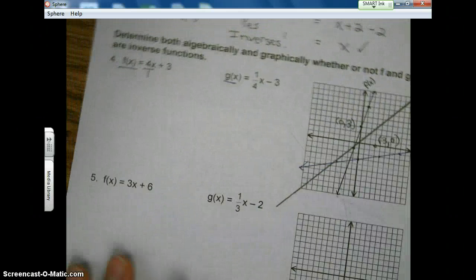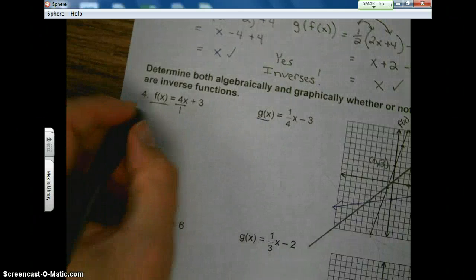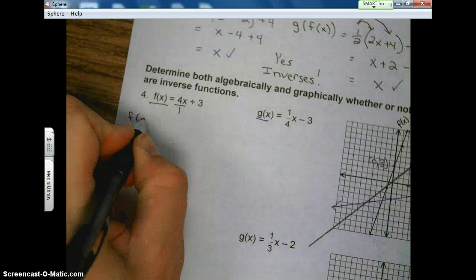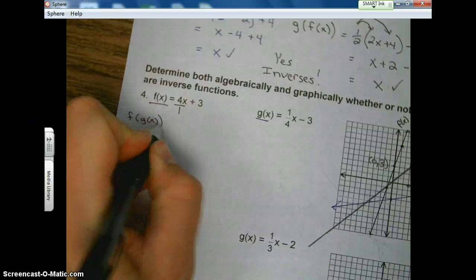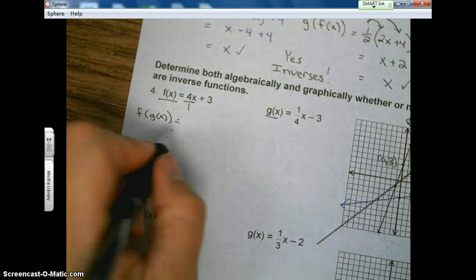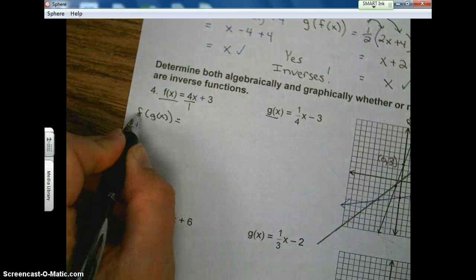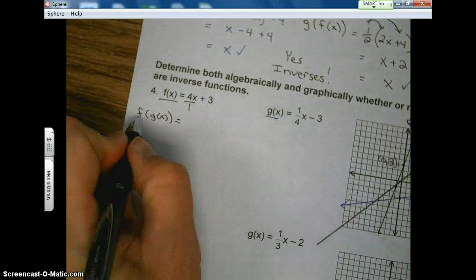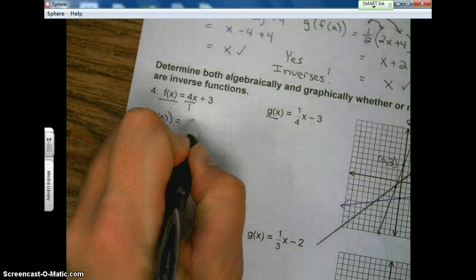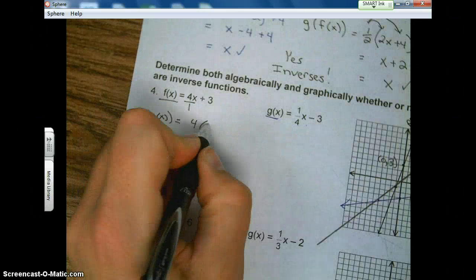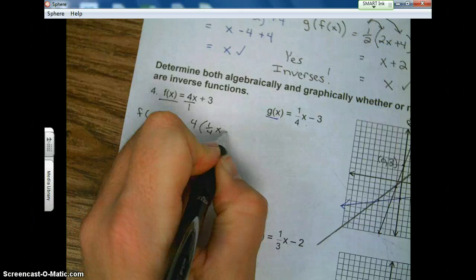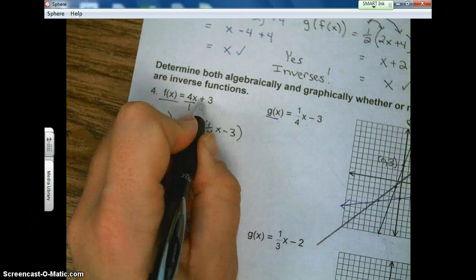Okay, now let's use algebra. Now let's do f of g of x first. Okay, so we're going to plug function g into function f. So start with function f, 4, and then plug function g in, finish up function f.